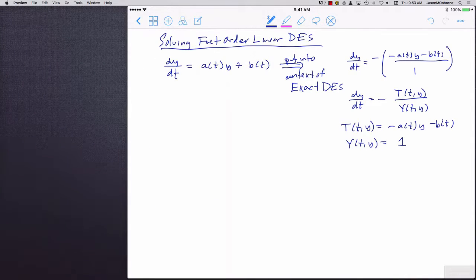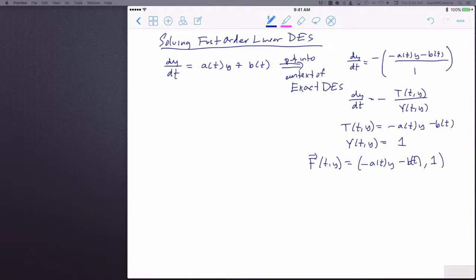Now continuing on, we can see that as it stands, the vector field that comes from this differential equation is minus a(t)y minus b(t), comma 1, and the partial derivative of T with respect to y does not equal the partial derivative of Y with respect to t.